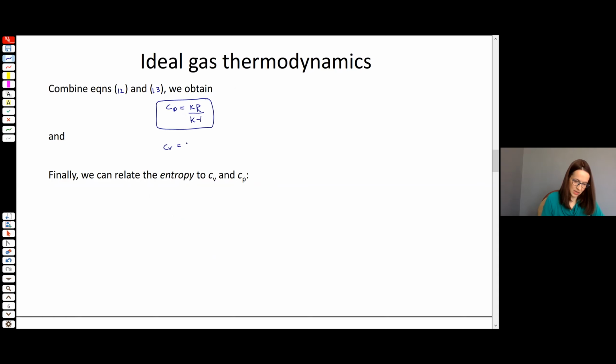And Cv is equal to R over K minus 1. So again, I just want to stress we're going to assume that Cp, Cv, and K are constants in this class. But note, in reality, they depend a little bit on temperature.